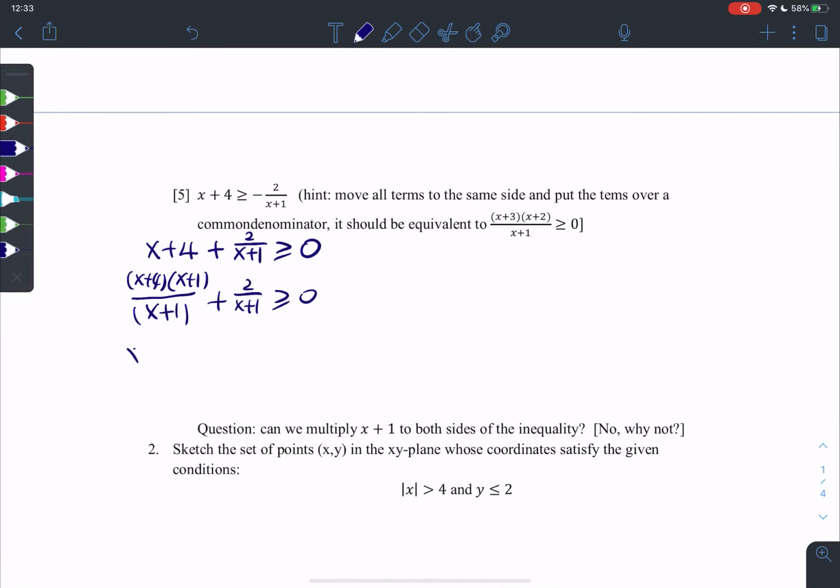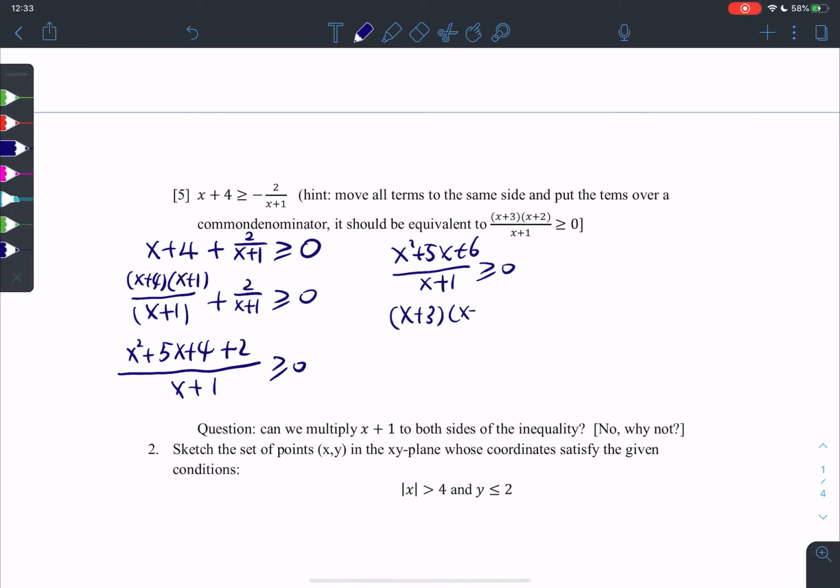So I end up with x squared plus 4x plus x, which is 5x, plus 4, and then plus 2. They share the same denominator, and then it's x squared plus 5x plus 6 over x plus 1. Hence it's x plus 3 and x plus 2 divided by x plus 1 greater than or equal to 0.